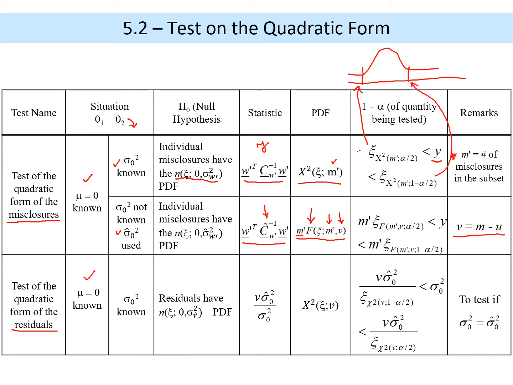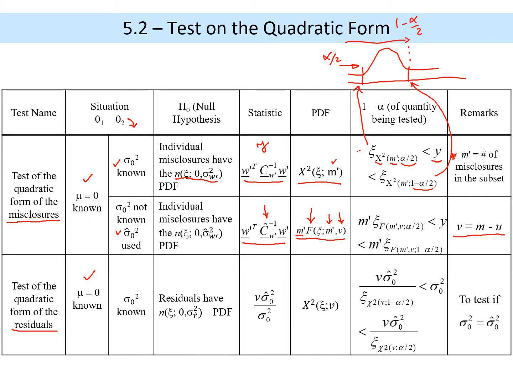So this is the quantity that we draw from the chi-square distribution with m prime degrees of freedom and alpha over 2. This is the significance level, and 1 minus alpha over 2. That's for the other part. So this is here alpha over 2, and we have all the way here, this is 1 minus alpha over 2.